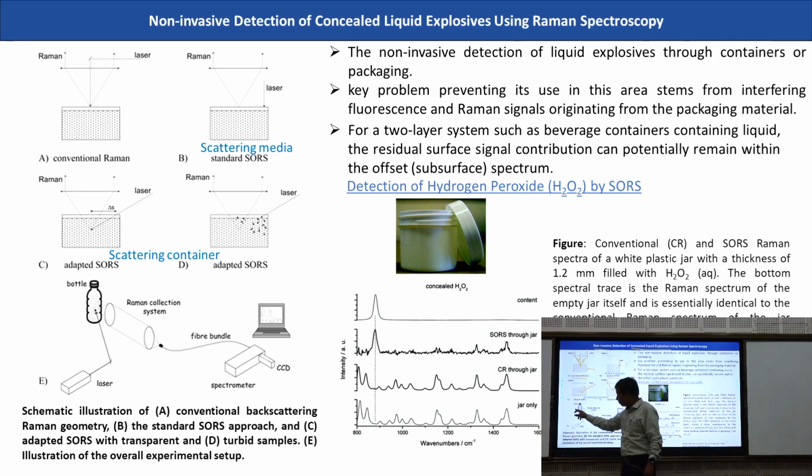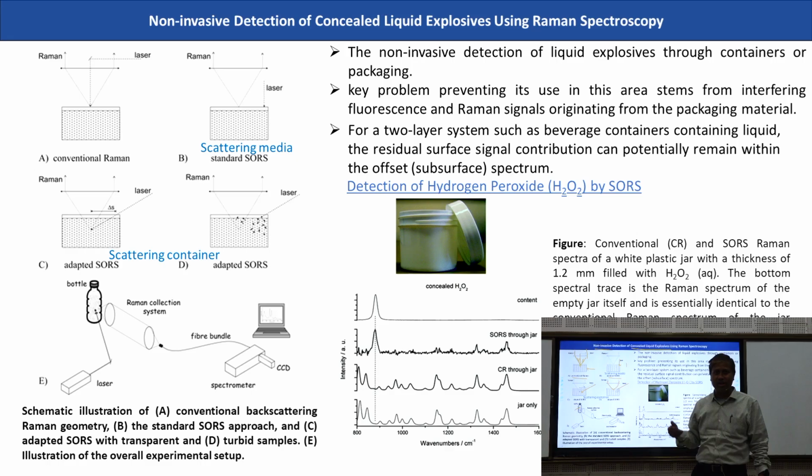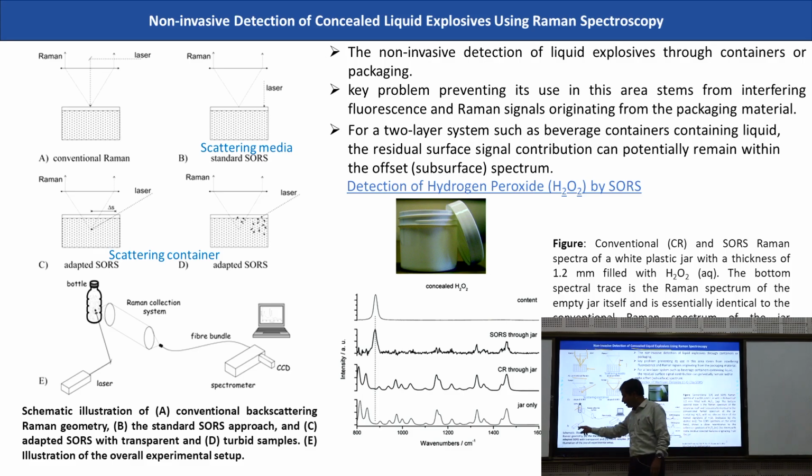So in a bottle, if you have some substance, and somebody wants to know whether it is explosive, particularly in this study whether it is H2O2, then this laser is exciting it, and there is a collection point, and then a fiber optic cable going to the instrument.